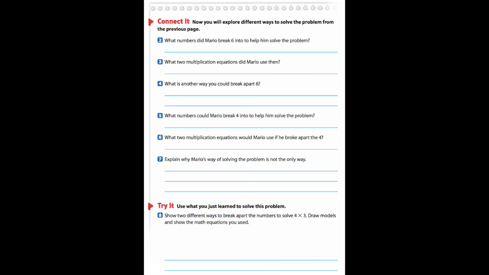On Google Classroom, you will see the problem about Mario and his vases of flowers, and you will see this page, so you can copy down the questions or just have the questions at hand so that you can use the questions to put down your answers on your paper at home. Okay, so you have to answer questions 2, 3, 4, 5, 6, 7, and 8 on your paper at home.